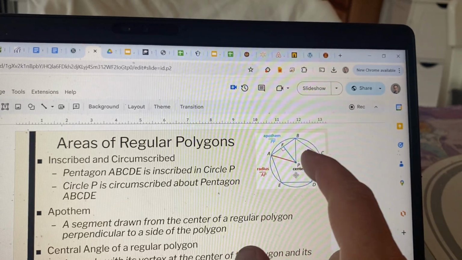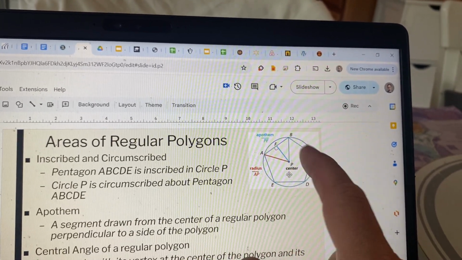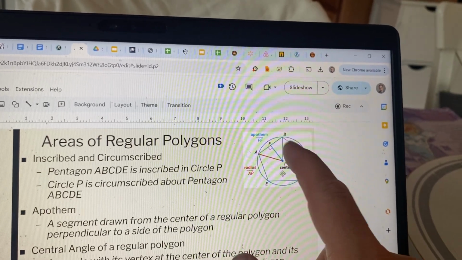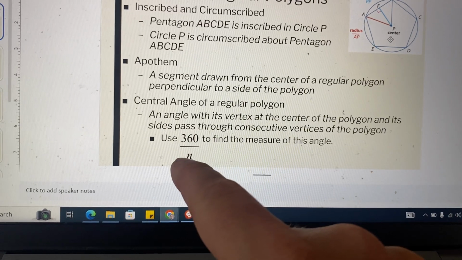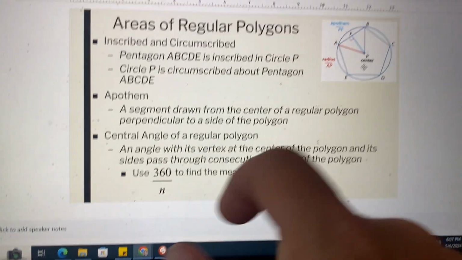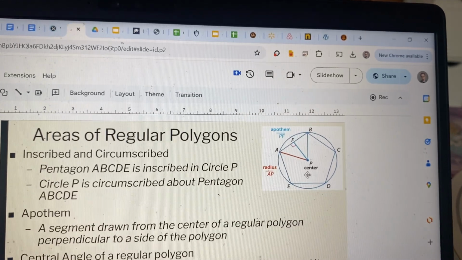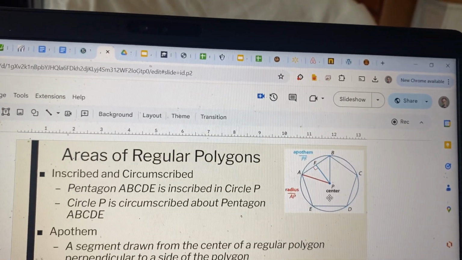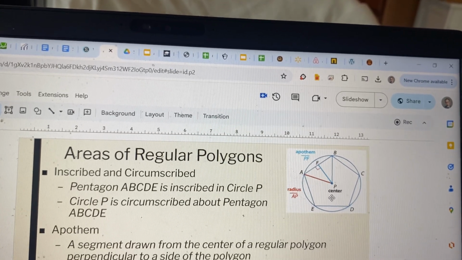There's a quicker way, because there are 360 degrees around the circle in the middle. To find the central angle, we can use 360 divided by the number of sides. So 360 divided by 5 in this case is 72.